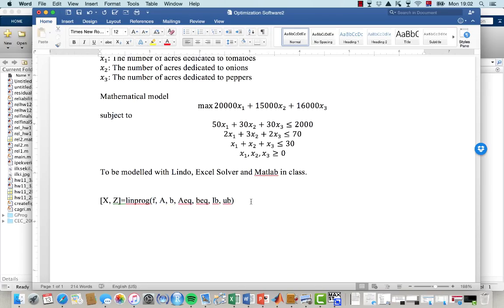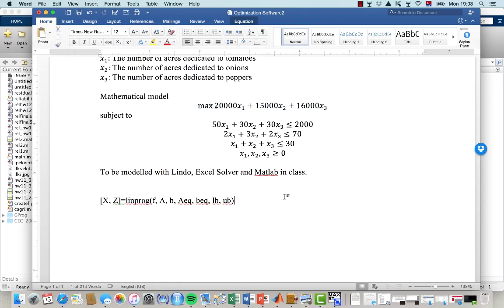F stands for the objective function, so we enter the objective function coefficients as f. But the linprog command solves minimization problems, so we have to convert every problem to a minimization problem.